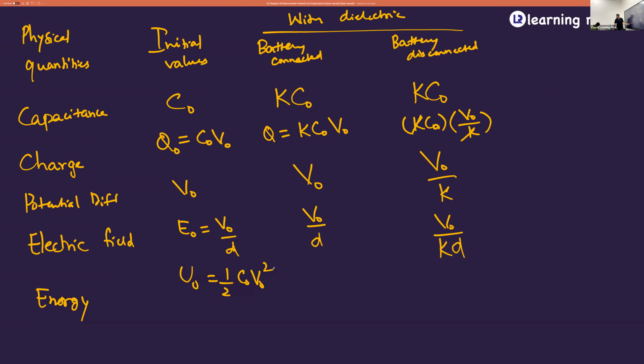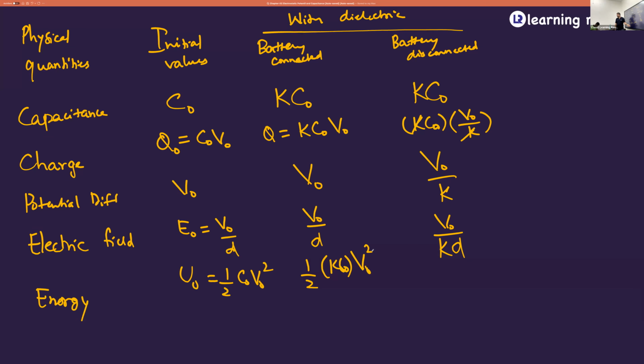So half C naught V naught square. What will be the new energy when the battery is connected? Half K C naught into V naught square. So what is happening to the energy?